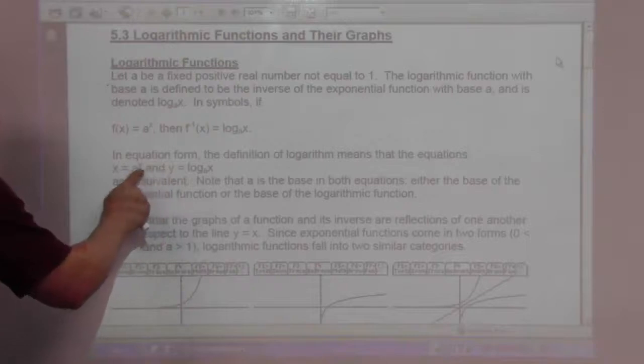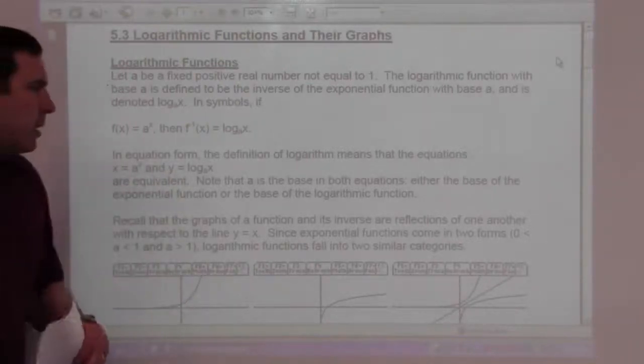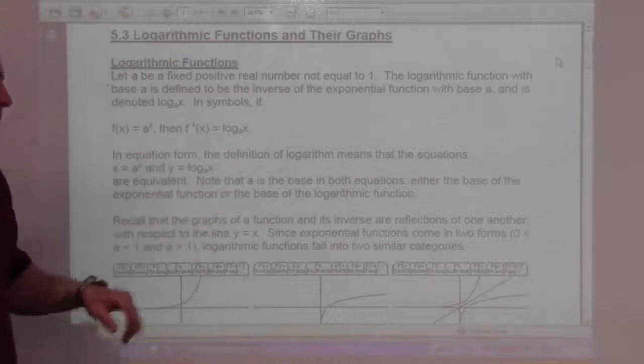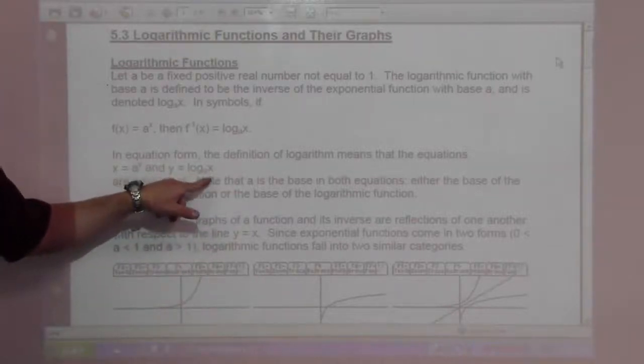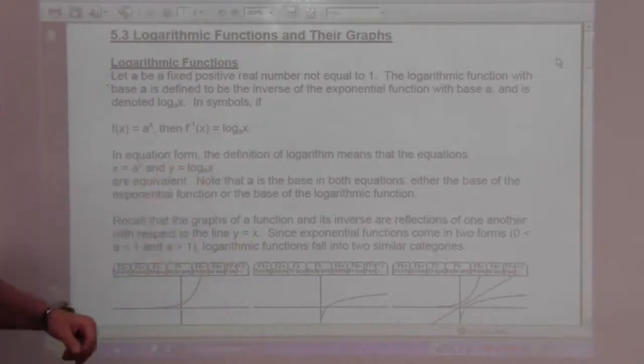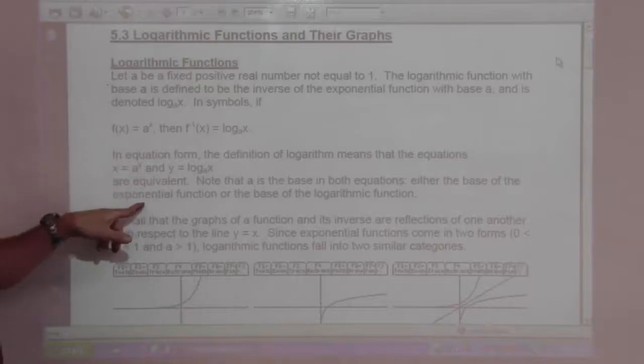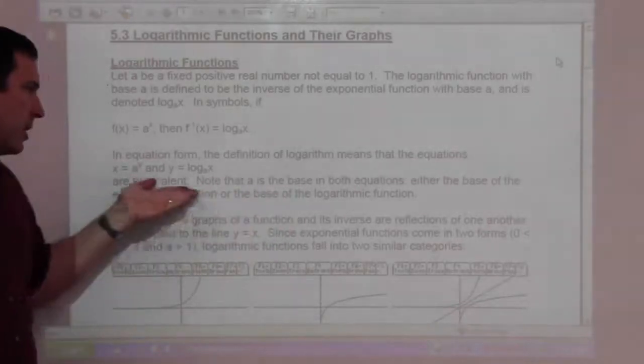The answer is y, because a to the y makes x. These are equivalent statements. So a is the base in both equations, and this is a lower subscript. This is not saying a to the x here. This is saying log base a of x. Either the base of the exponential function or the base of the logarithmic function, that's our a.